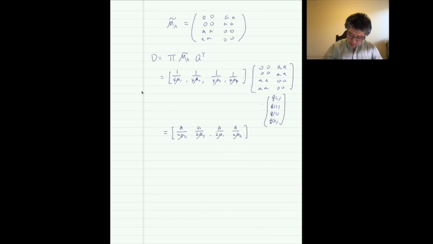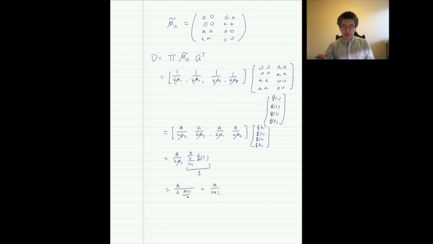So all the mu's are identical, so we can just use 1 mu to represent this. Okay, so we let all the mu be identical. We have a over 2 mu 1, and then times the summation of this q. Okay, and we know this is 1, therefore we get a over 2 here times a plus 1 over 2, that is a over a plus 1. Okay, so that's the distortion.